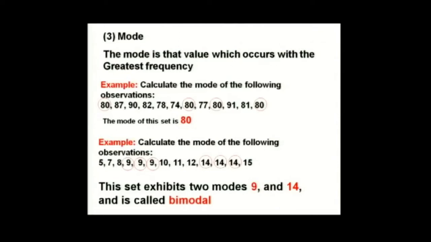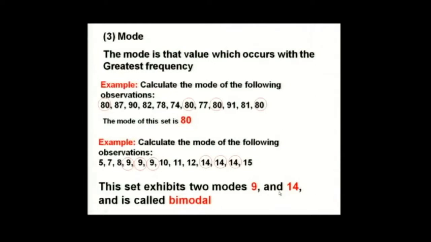So be prepared to have, as should be the case in most data sets, one mode, as in this example. But if you see that the data set exhibits two modes, then you know that this is a bimodal set, and you probably want to investigate why you have two or multiple modes, because a normal data set should only exhibit one mode.